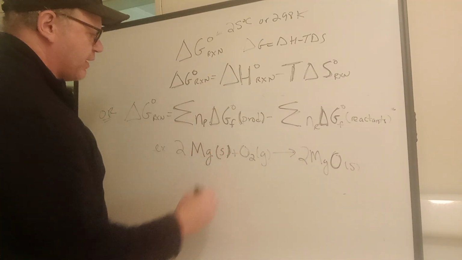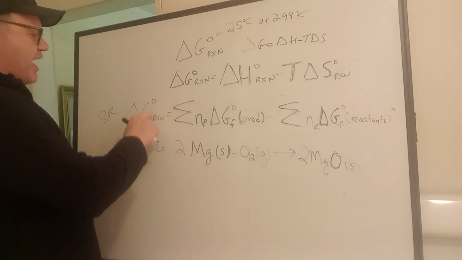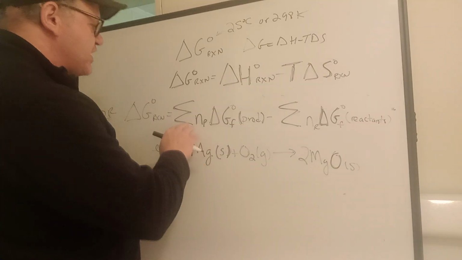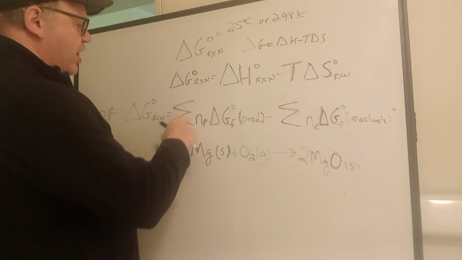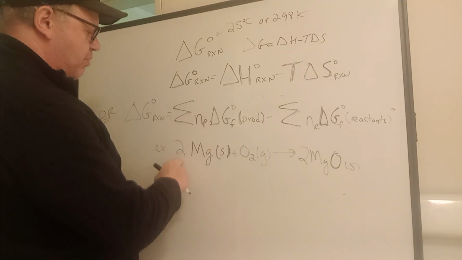And you can do both, but I'm going to do it the easier way, which is that delta G of a reaction under standard conditions per mole is equal to the sum of the coefficients of the products from a balanced equation.